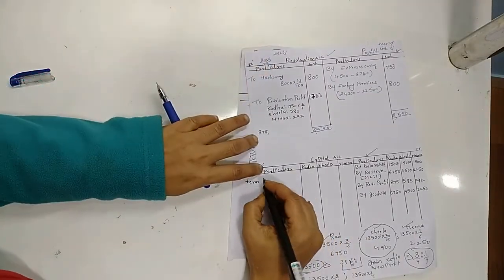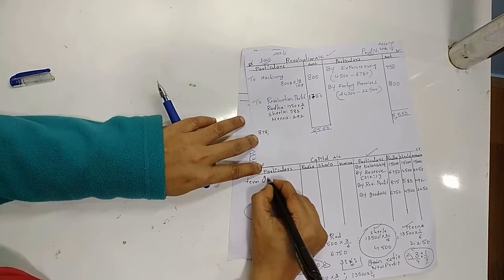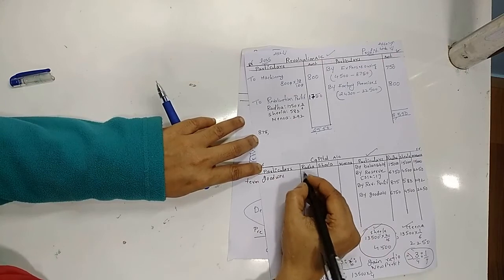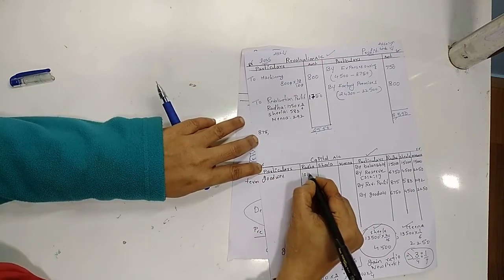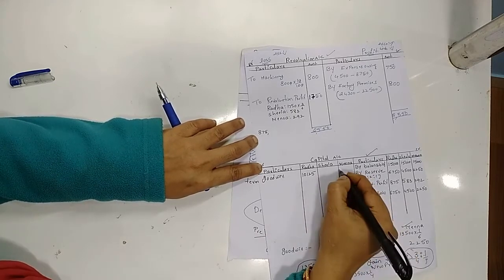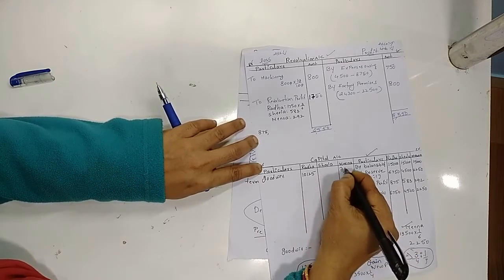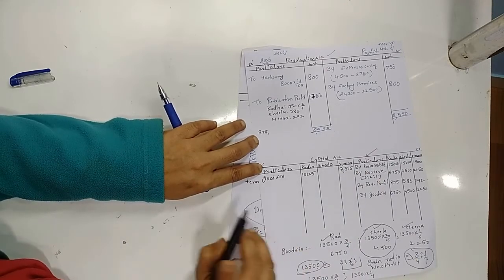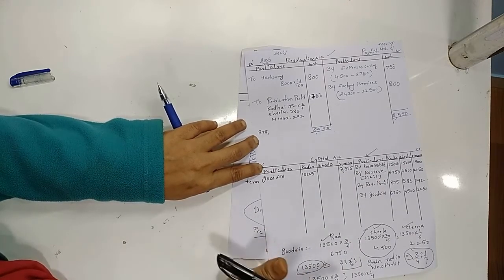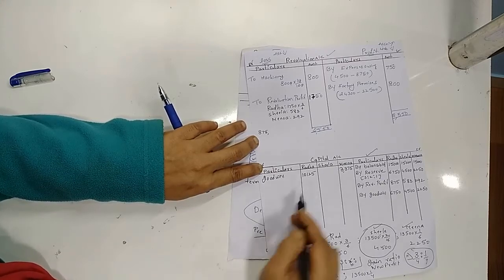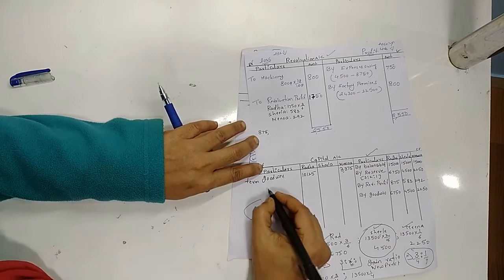Radha pays 10,125 and Meena 3,375, so the total 13,500 is returned. We are not showing it again in the balance sheet as written off, because these two are gaining and sharing in the new profit sharing ratio.